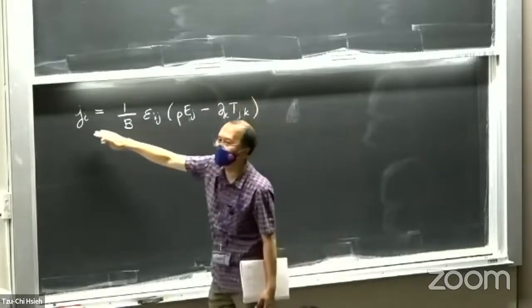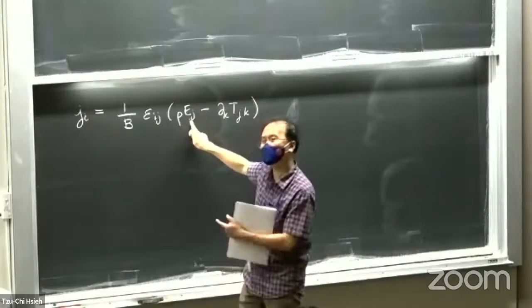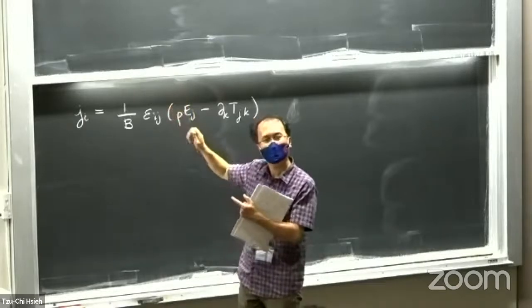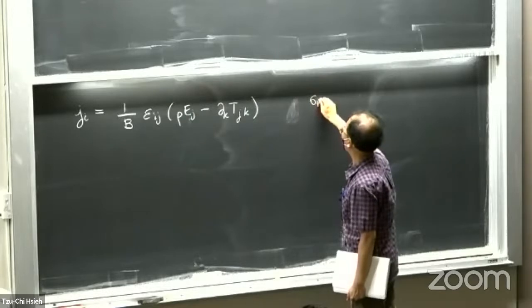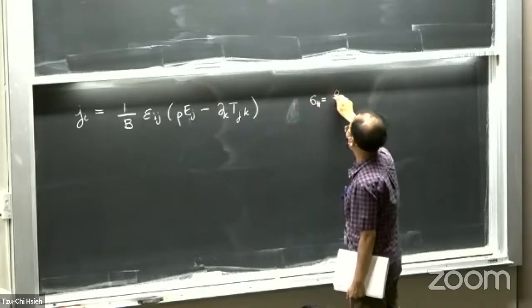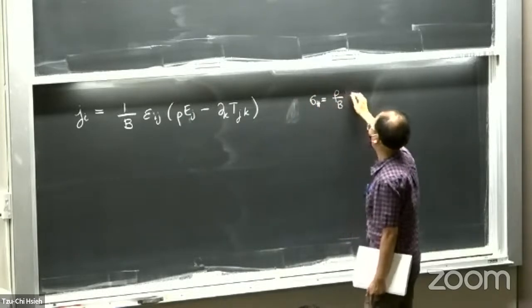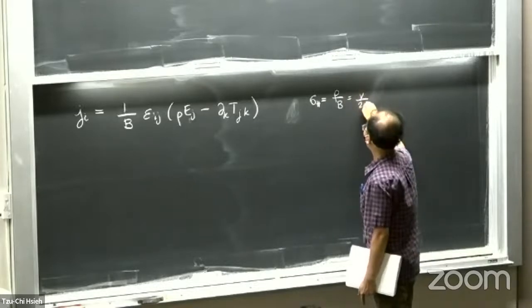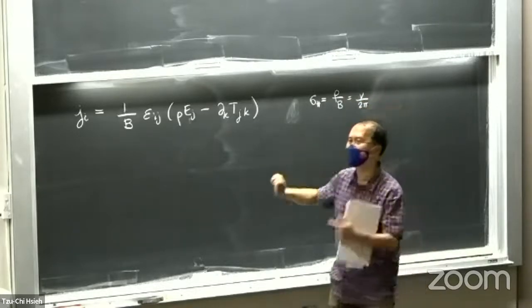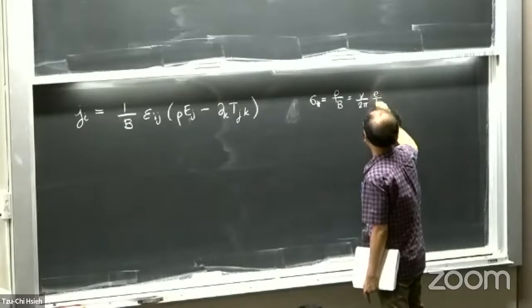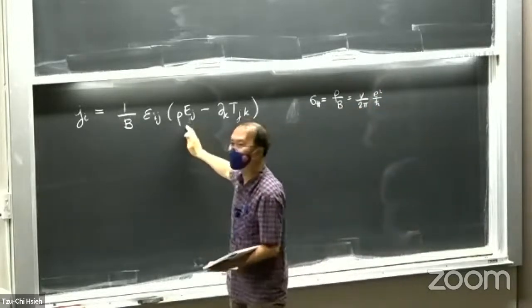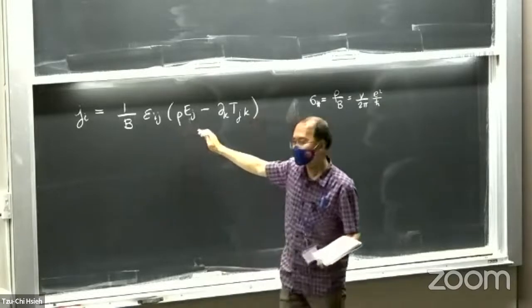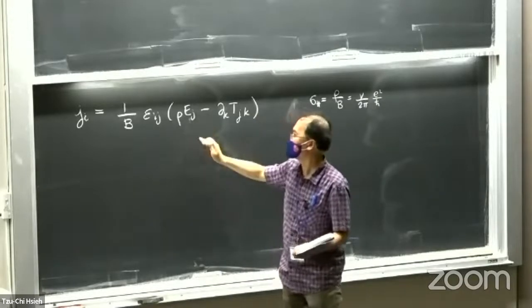And then the current is perpendicular to the direction of the electric field. And that's the nature of the quantum Hall effect. In fact, you can derive from here that the Hall conductivity is rho divided by B, equal to the filling factor divided by 2 pi in units of e squared over h bar. So we get this quantum Hall response function, the transport coefficient, from the first term.